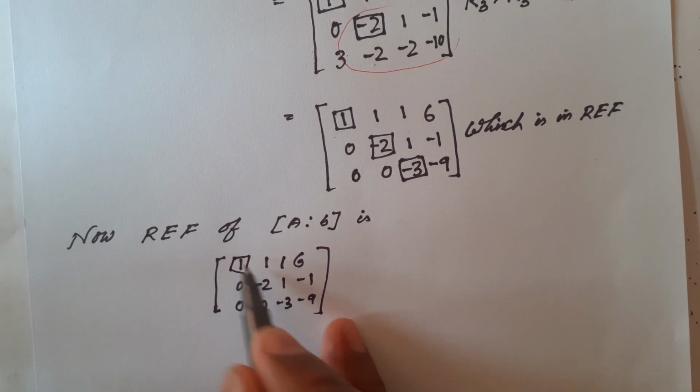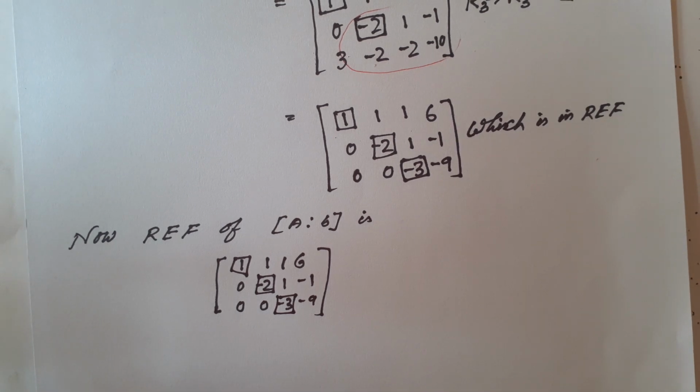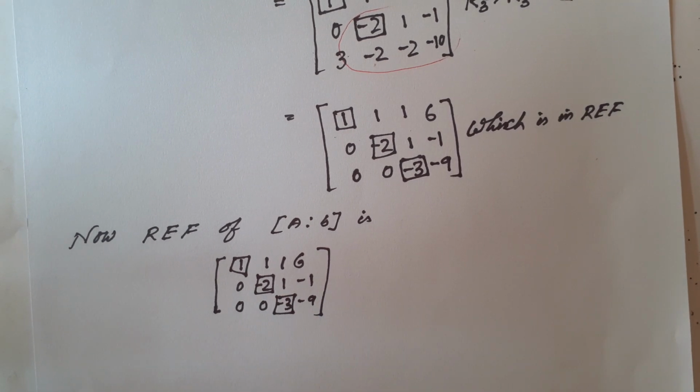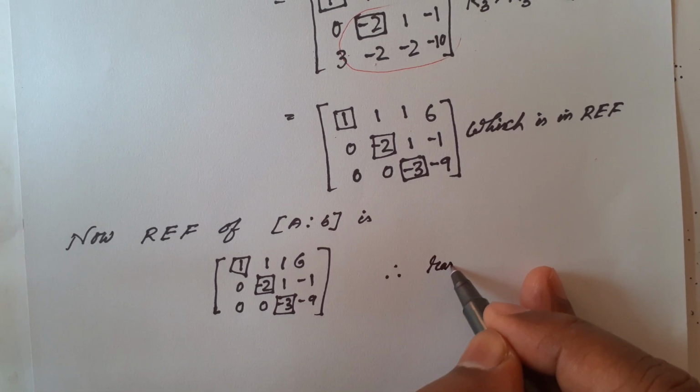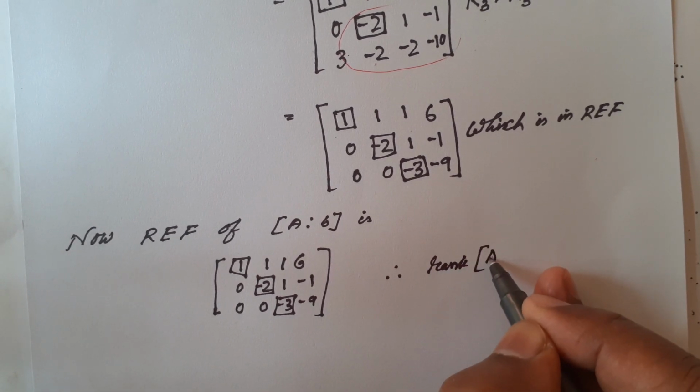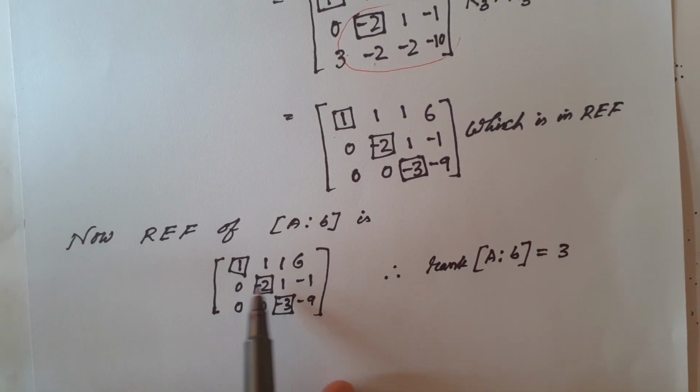So this is first pivot, second pivot, third pivot. We don't have any 0 row here. Therefore, rank of the augmented matrix is equal to 3, the number of non-zero rows here.